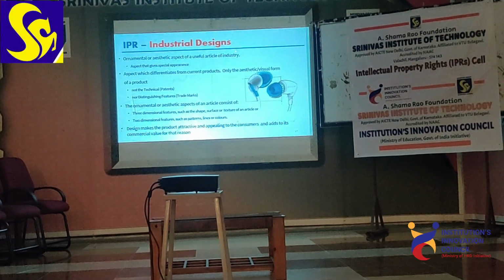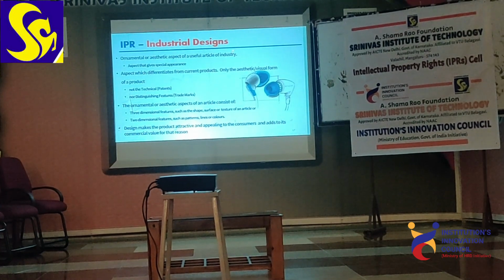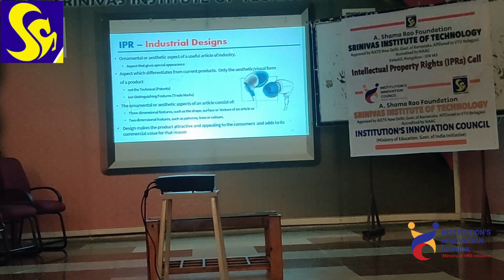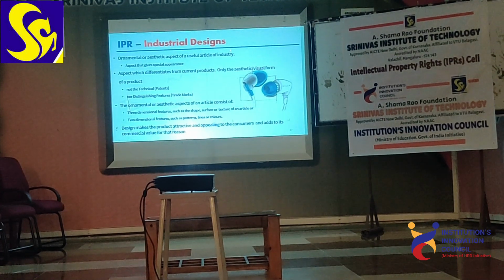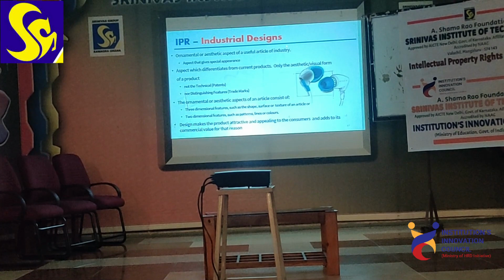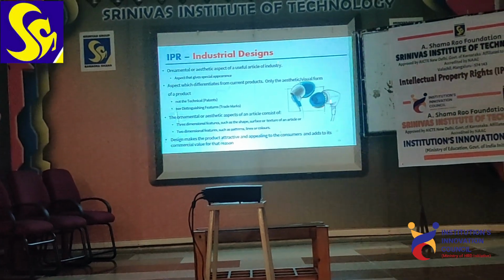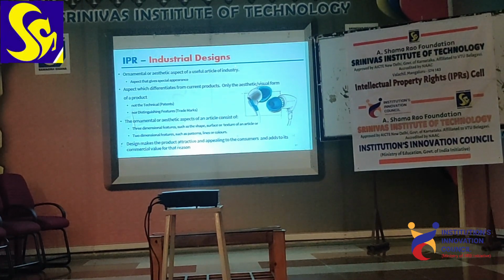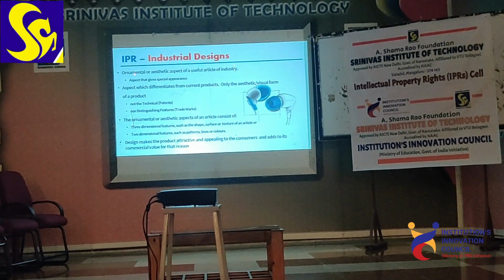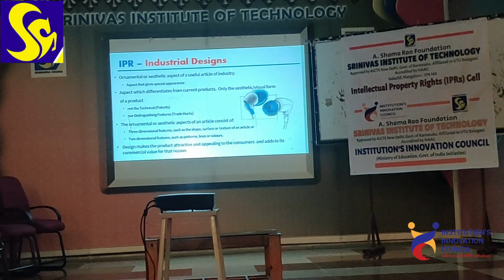The second IPR, the second intellectual property, is industrial design. First one we spoke about was the patent. The second one is industrial design. Something I've displayed here, an earphone, right? So here it could be the ornamental or aesthetic aspect of a useful article of industry.